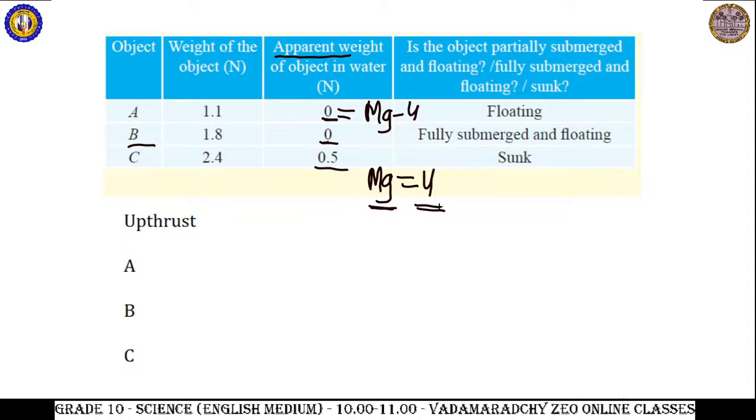In the third scenario, the weight of the object is 2.4, but the apparent weight is 0.5.